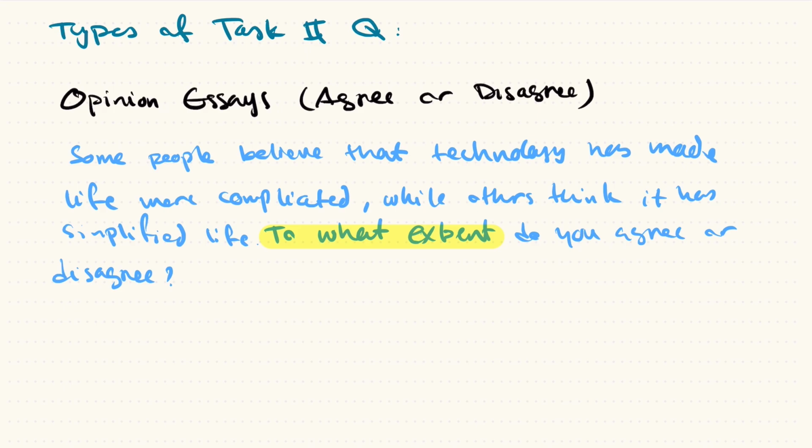Because then in one paragraph, you need to provide a sort of half-hearted argument for position A, that technology made life more complicated. And in the second paragraph, you need to provide another half-hearted argument for technology made life easier and more convenient.